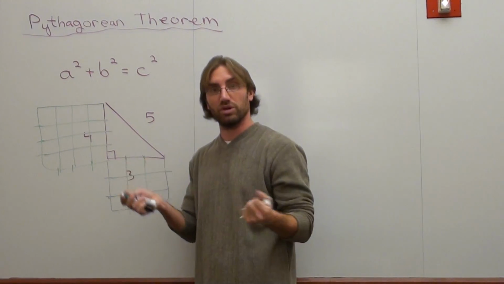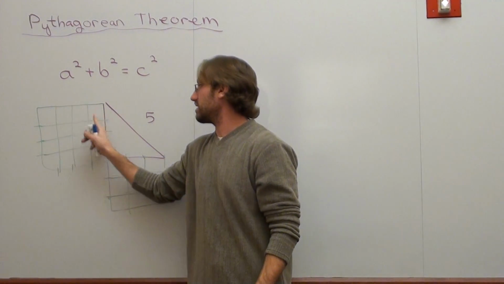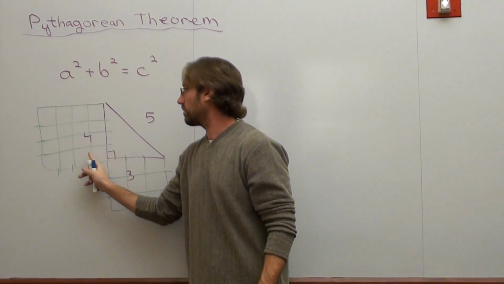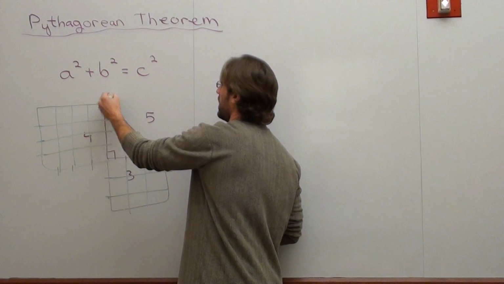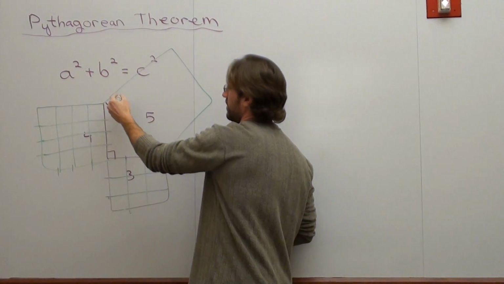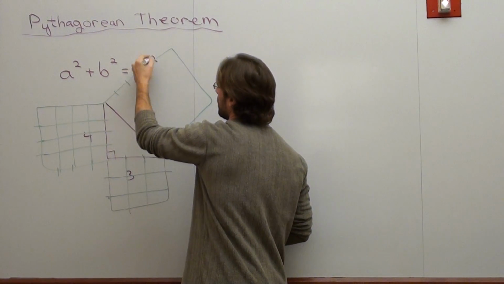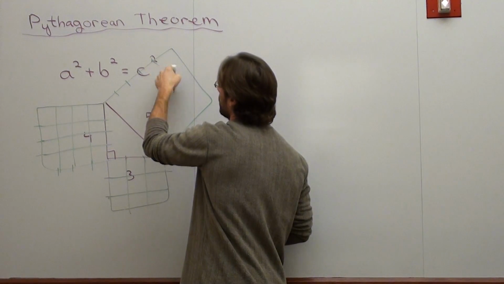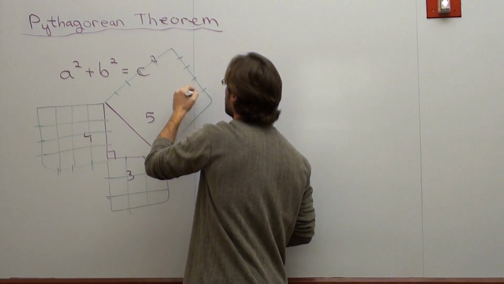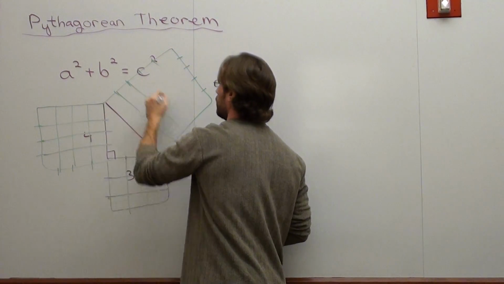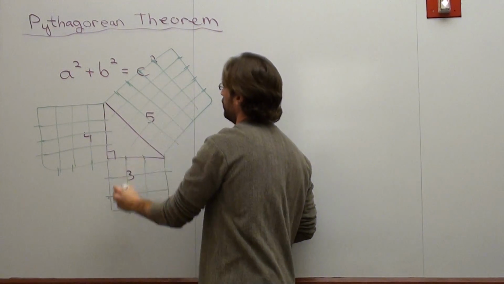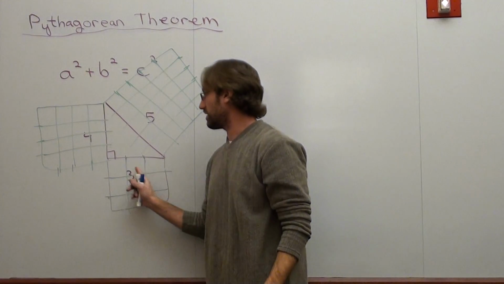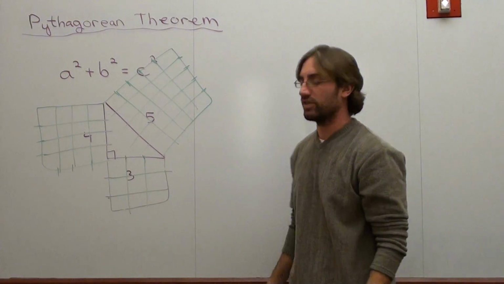You can do it with a ruler if you really want to. Here I've got 16 squares. Here I've got 9 squares, or a total of 9 for my area. Here I'm going to write a 5 by 5 square because this one is 5, which is 25 squares. 9 squares plus 16 squares equals 25 squares.